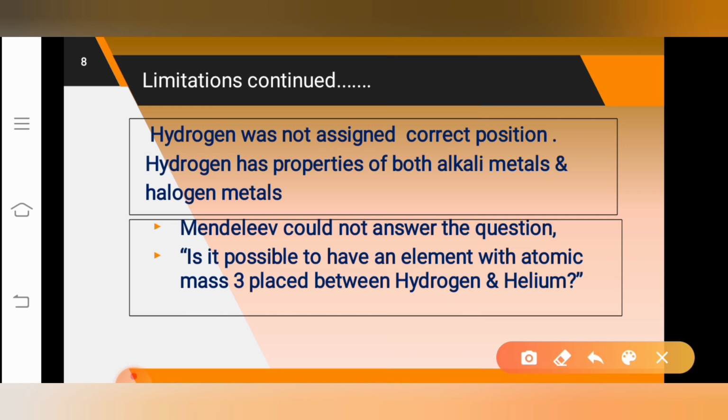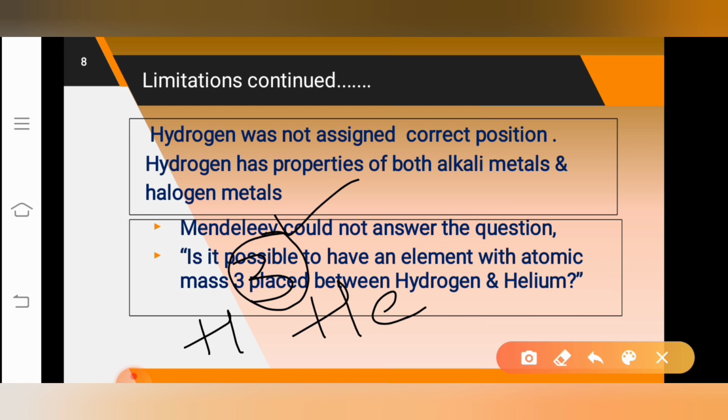So when we look at the atomic mass of an element, we can see that there are so many decimal numbers. Most of the elements are having the atomic mass in the form of decimal numbers, not in the form of rational numbers. So if we think that there will be an element in between the hydrogen and helium with the mass 3, we cannot give the clarity for this.